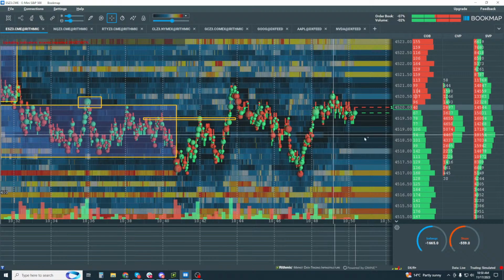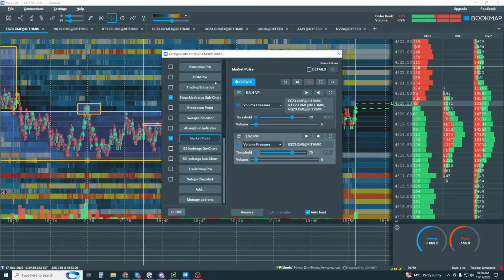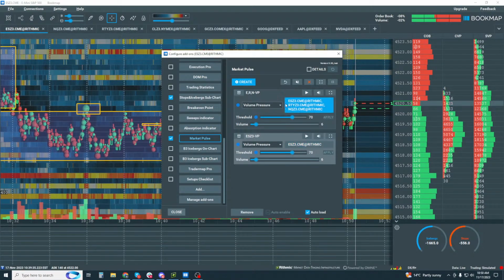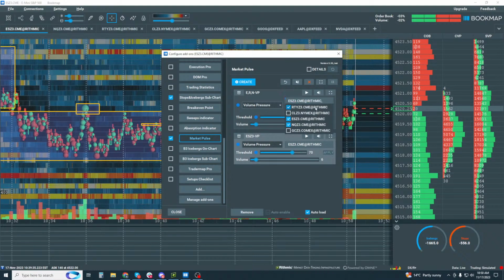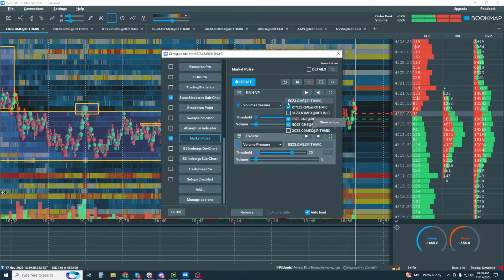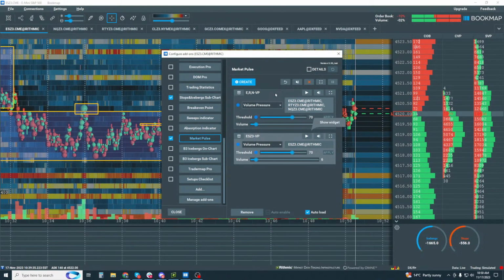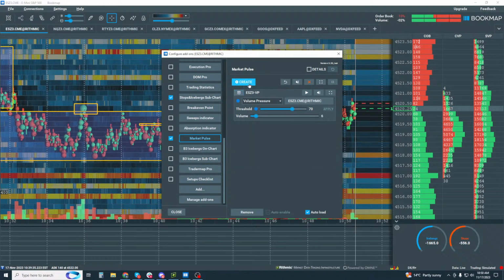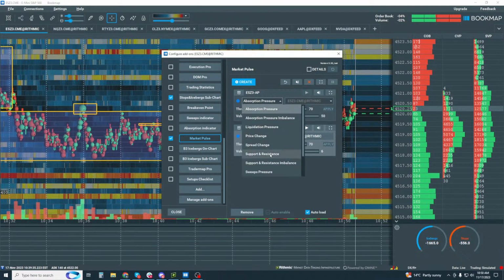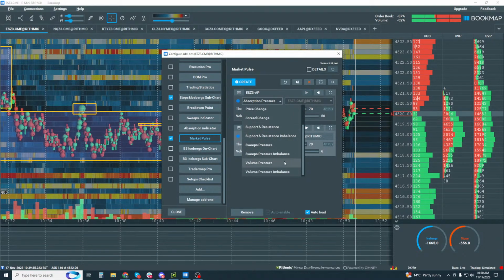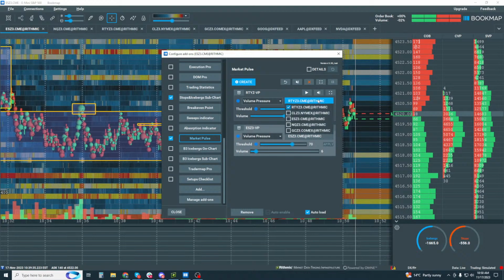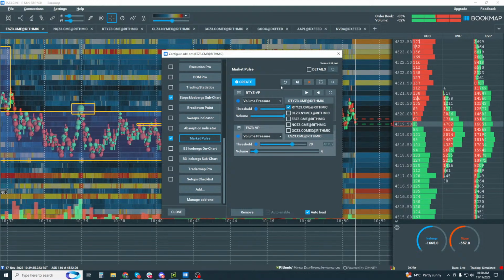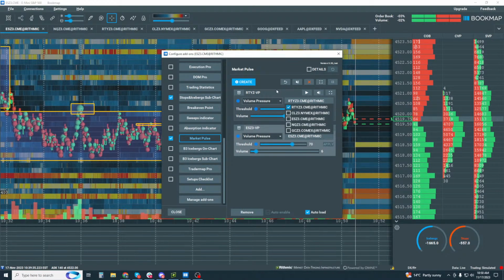Okay, and now we need to add that into a synthetic instrument. Let's edit this one here. It's not allowing me. Let's create a new one. It's only on futures instruments at the moment here, I think.